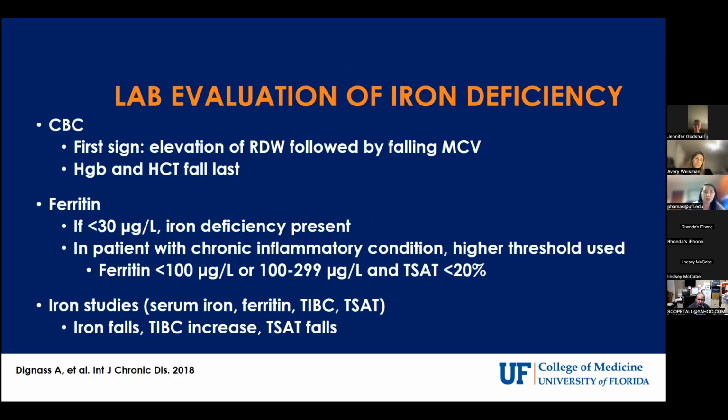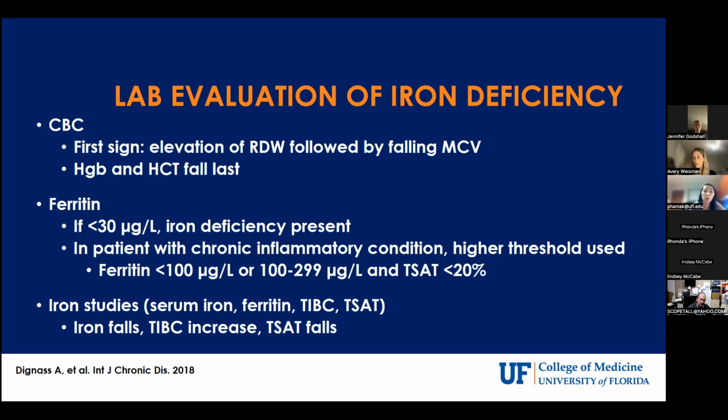In iron deficiency anemia, the first thing that you'll see is elevation of RDW. This is then followed by a falling MCV. And then lastly, your hemoglobin and hematocrit will fall. With the ferritin, whenever I see a ferritin of less than 30, you know for a fact that it's iron deficiency, no matter what.